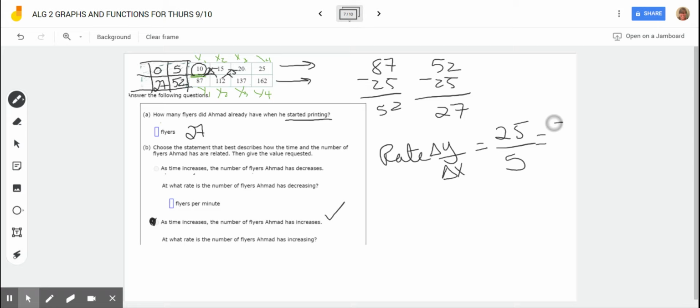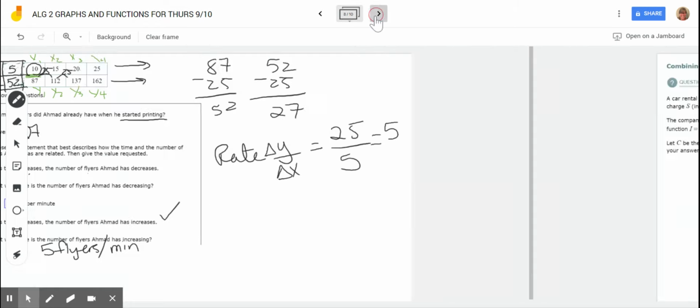We can divide that, and it's going to be 5 flyers per minute, 1 minute. That's what that reduced to, because 5 went into 5, 1. So you get the idea. It's flyers over minutes. All right, a lot of this stuff is just interpreting and extending.